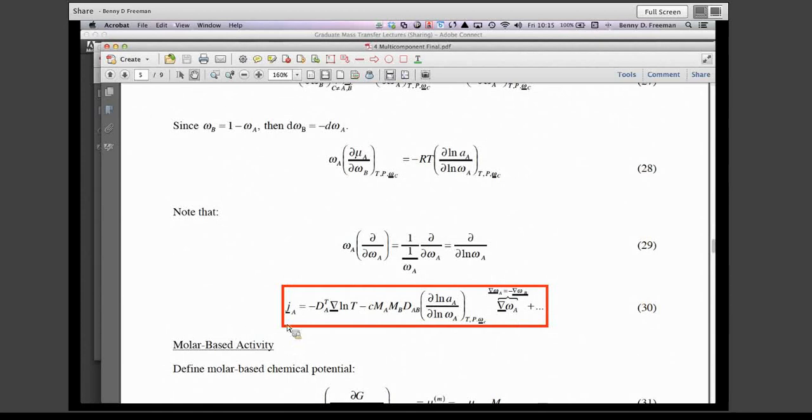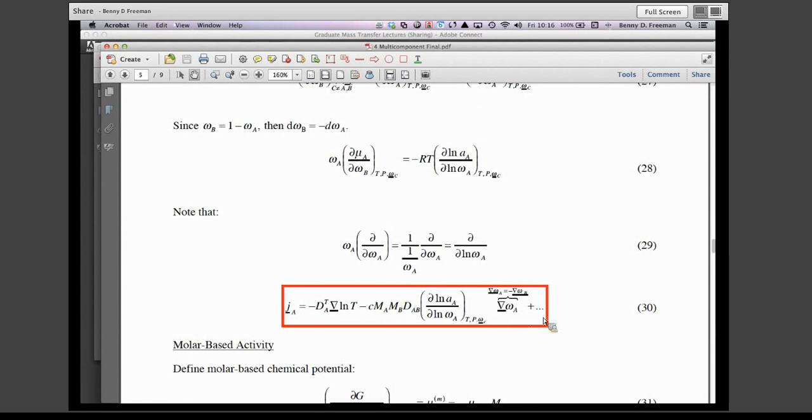And now we see the flux of component A in this form being related to the gradient in mass fraction of component A. So this is beginning to look a little like Fick's law, where the flux is minus a term that we'll come to show is what we typically call the diffusion coefficient times the gradient in the mass fraction of component A.